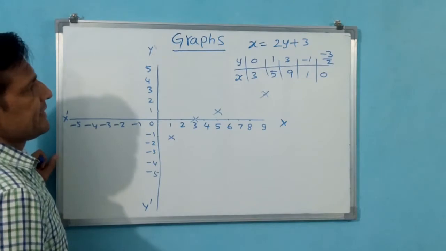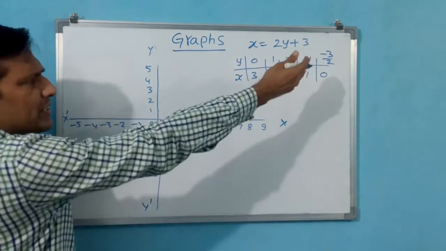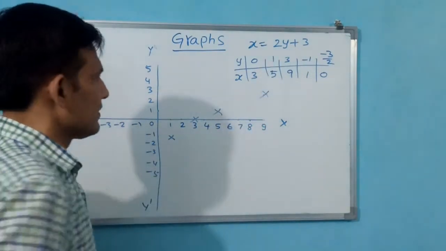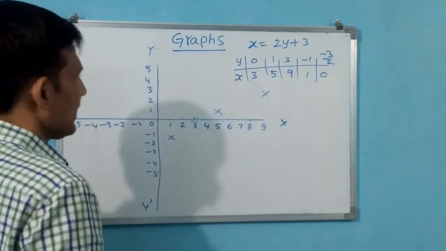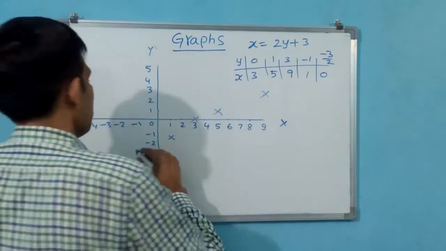Okay, so we need not take a fraction of points. Why? Because this is a straight line. That is why let us draw the line by your scale.